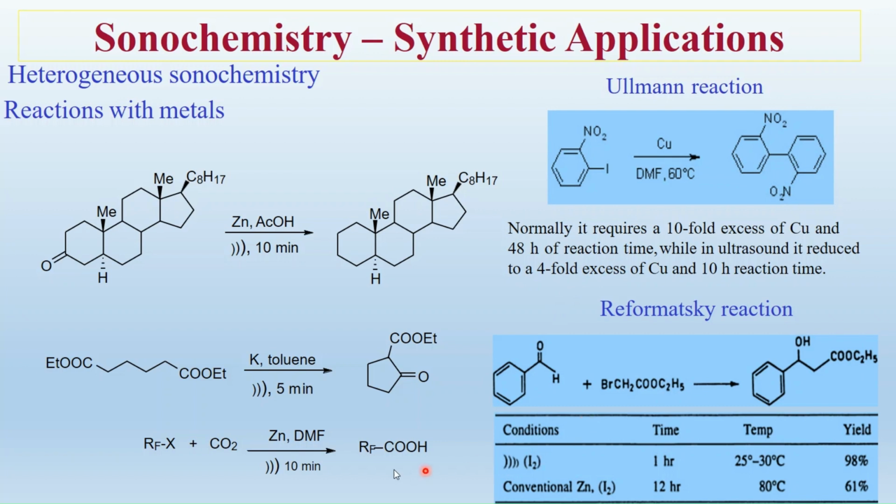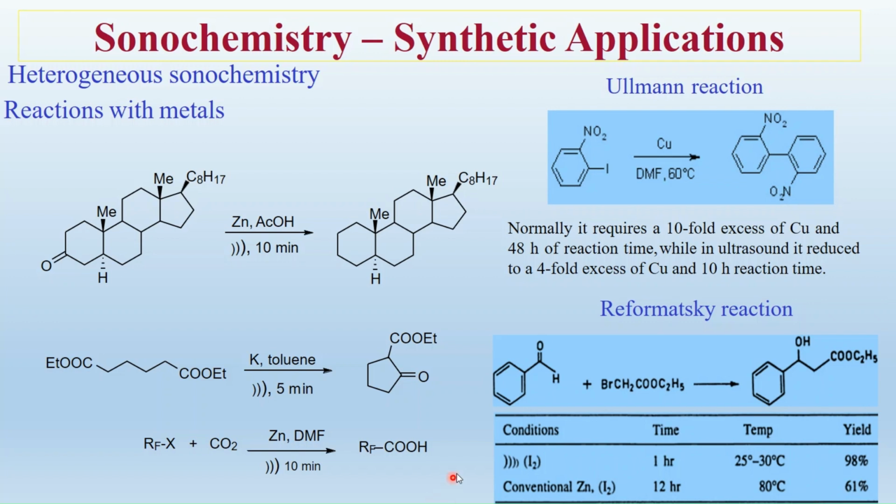Reformatsky reaction: the benzaldehyde was treated with bromoethyl acetate under conventional method using zinc. It took 12 hours and heating at 80 degrees centigrade, which gave 61% yield.